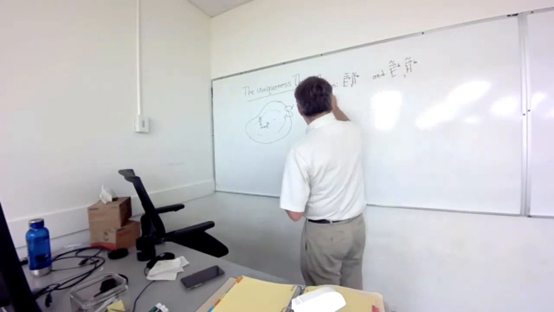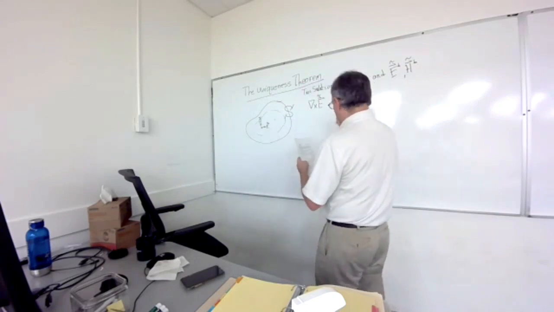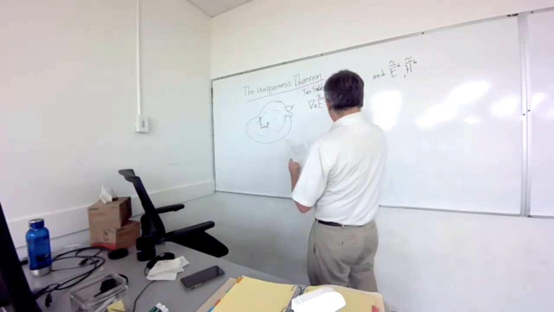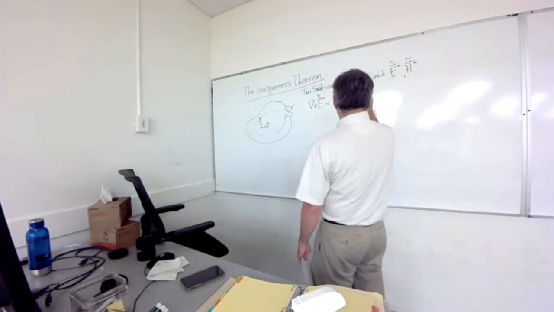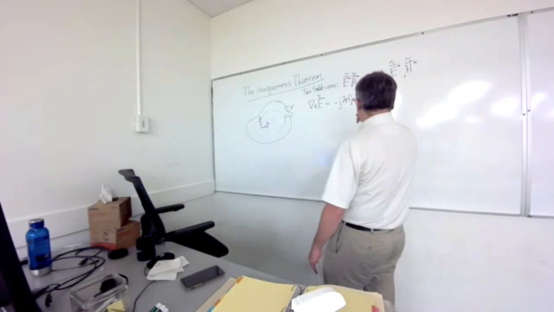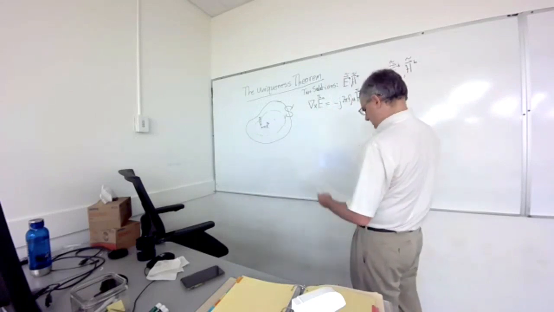Okay, E sub A, phasor vector. The curl of that first solution must be equal to minus j 2 pi f mu H in a homogeneous medium, and that's superscript A.